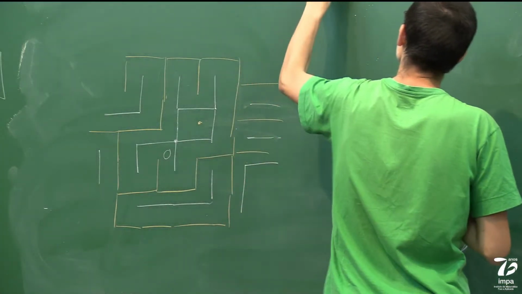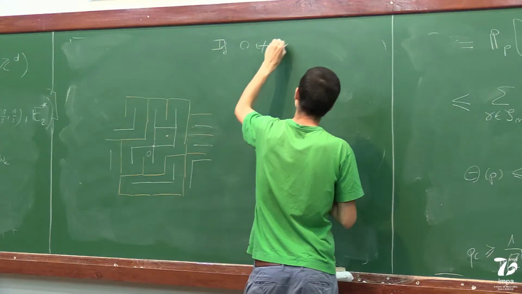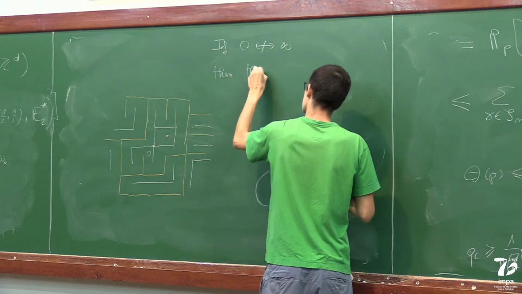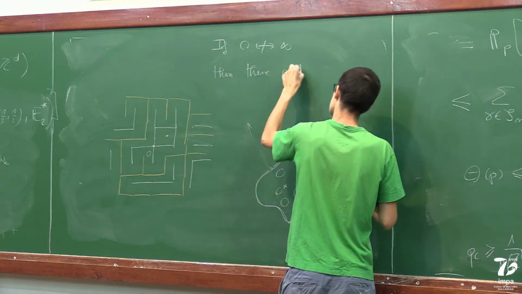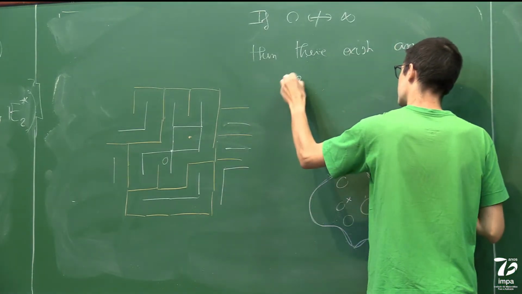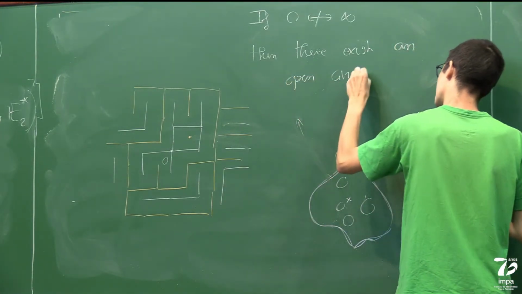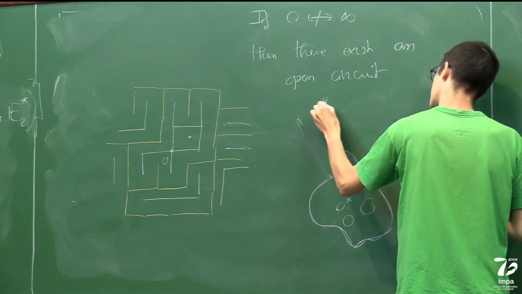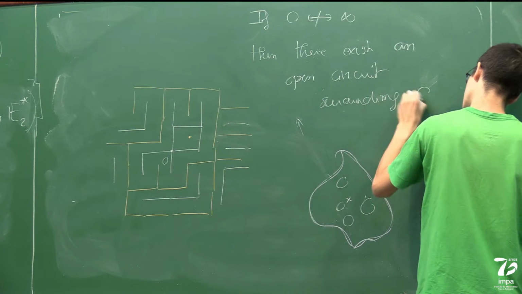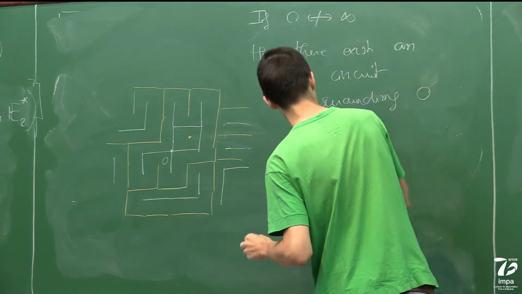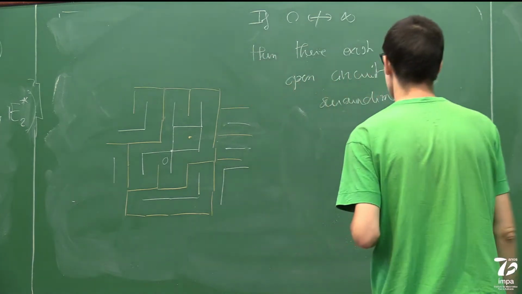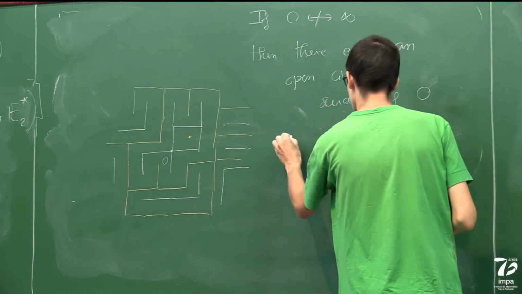If 0 is not connected to infinity, then there exists an open circuit surrounding 0 in the dual graph.